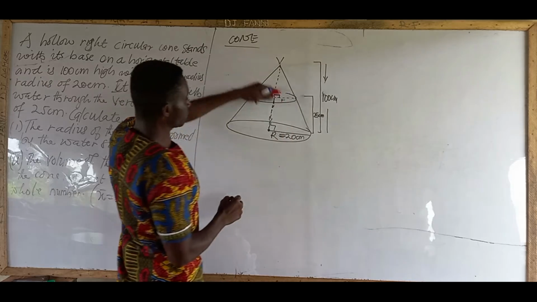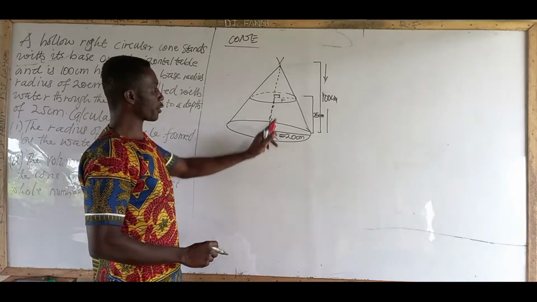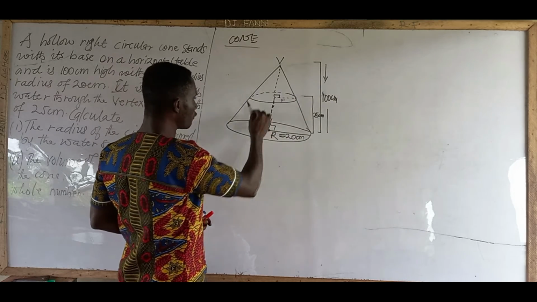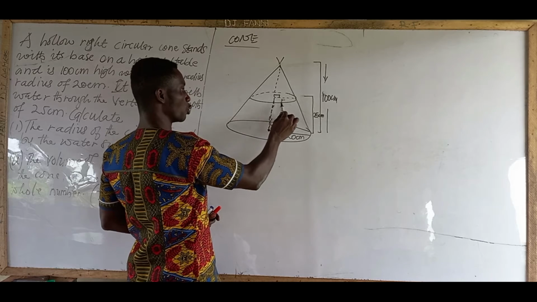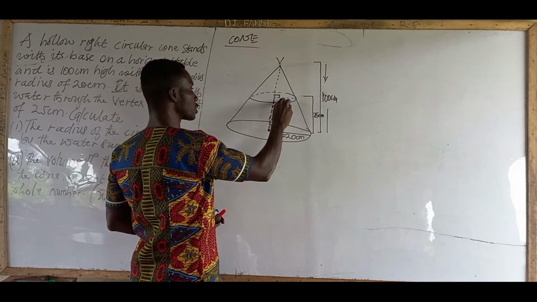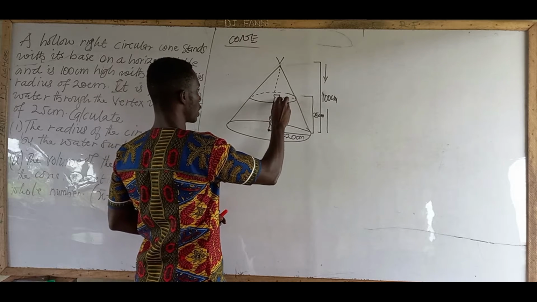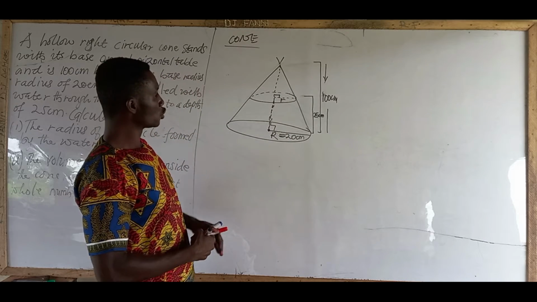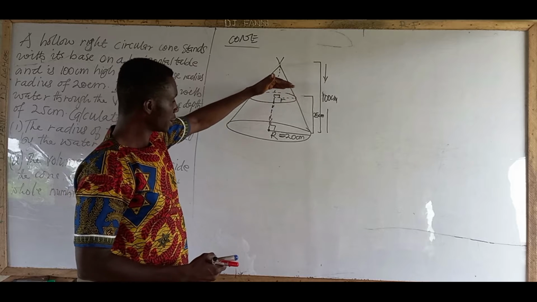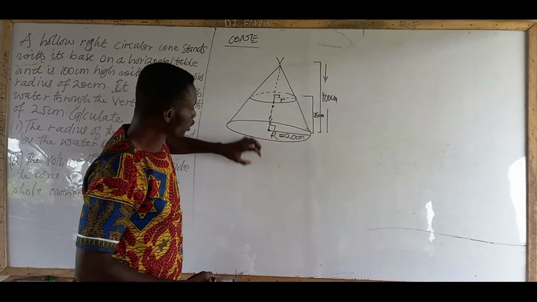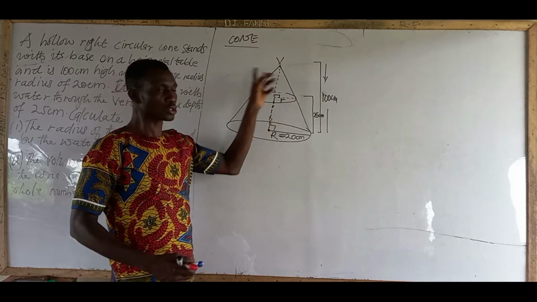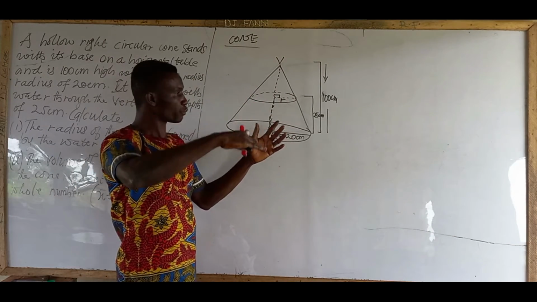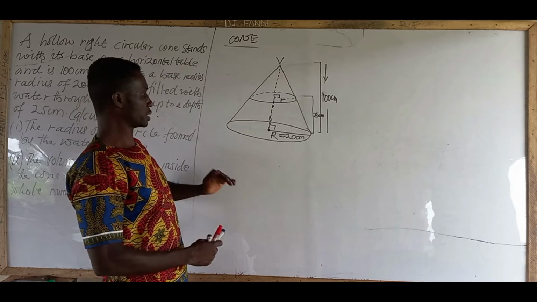So this is a small circle. That is why I made the cone's radius capital R, because the circle formed at the level of the water will have a radius, and the radius is small r. That gives a differentiation between the radius of the cone itself and the radius of the circular water surface.